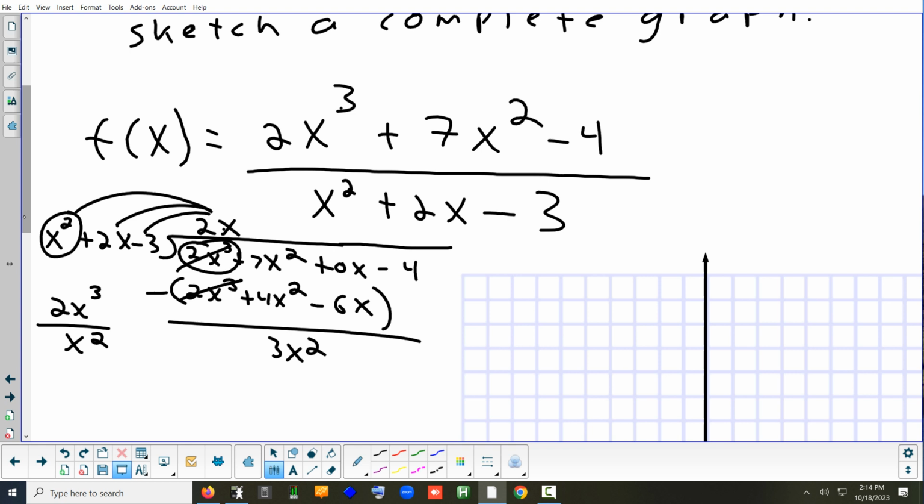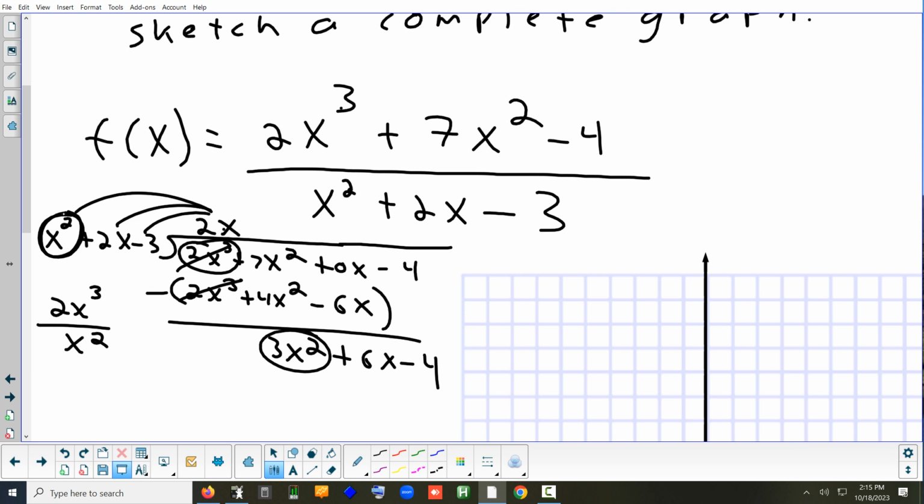We don't even really need the rest of it, because all we're interested in is the quotient. The rest of it would be for the remainder. I'll do it, but we don't need it. What's 0x minus 6x? 6x. And then bring down your 4. To finish the quotient off, all I care about is that divided by that.